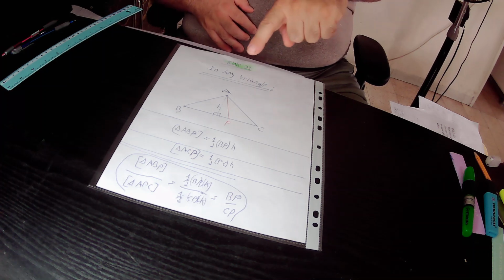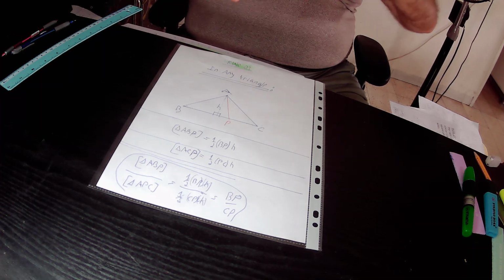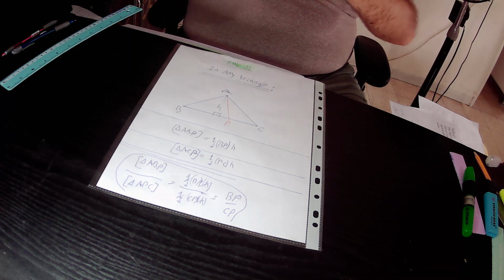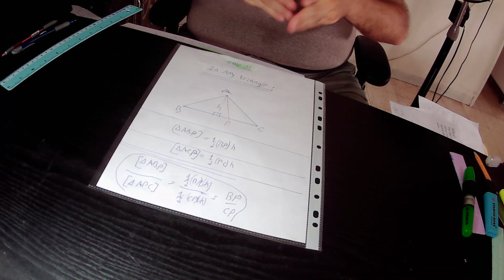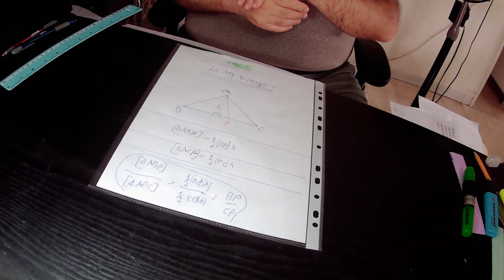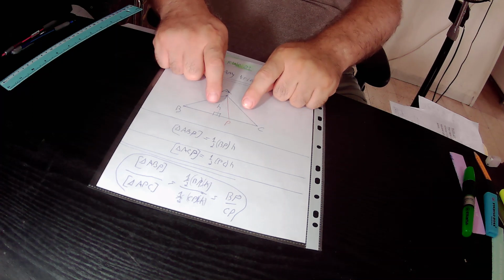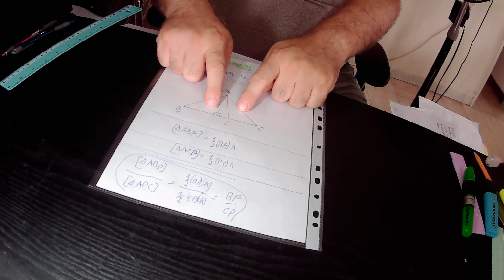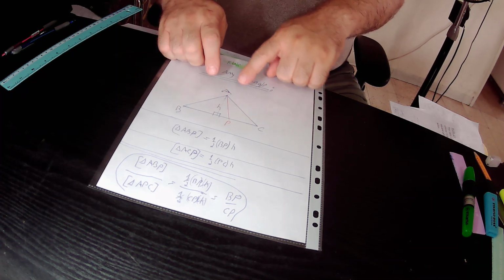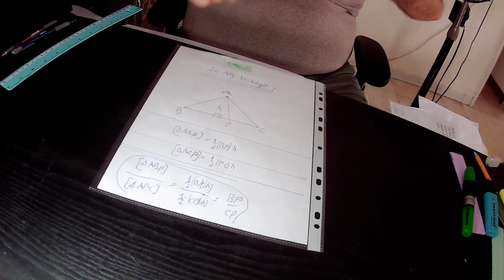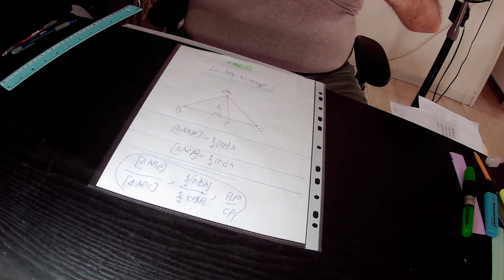By drawing the red line segment AP, we divide the triangle ABC into two smaller triangles. And according to rule 23, the ratio between the areas of those two small triangles created by line segment AP is equal to the ratio between their corresponding bases.